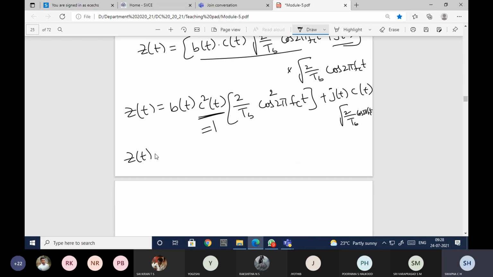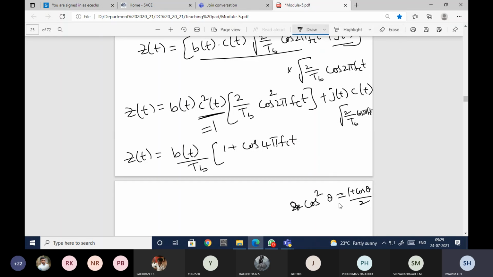So z of t will be b of t into b of t by Tb, 2 cos square 2 pi fct, which I can write as 1 plus cos 4 pi fct. Okay, cos square theta can be represented as 1 plus cos 2 theta divided by 2. The same thing I have written here: 1 plus cos 2 theta.